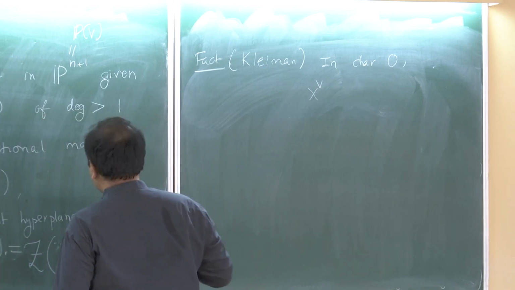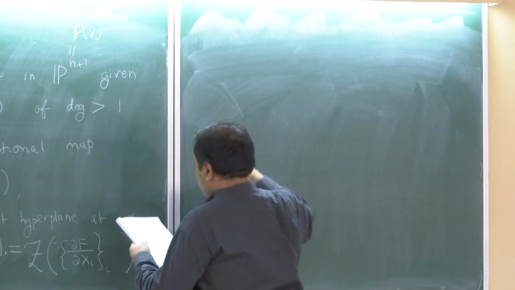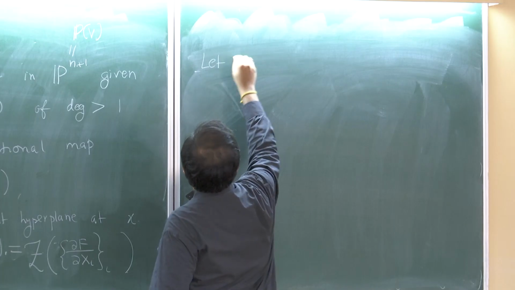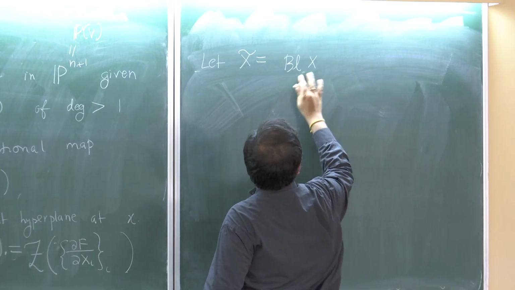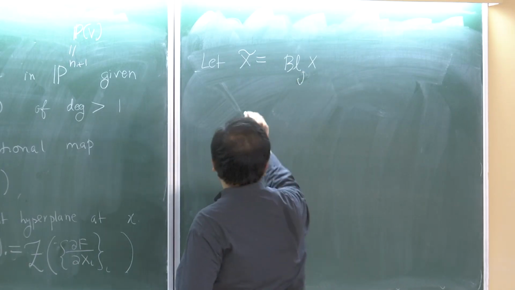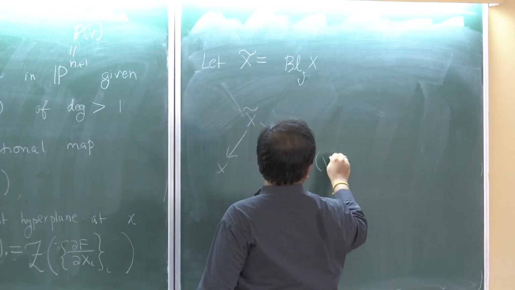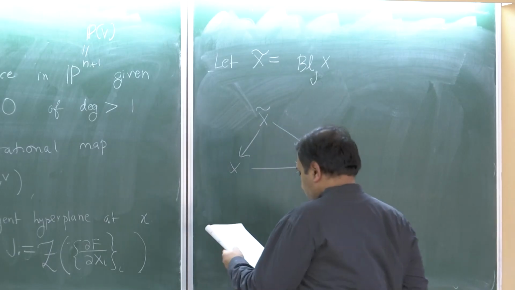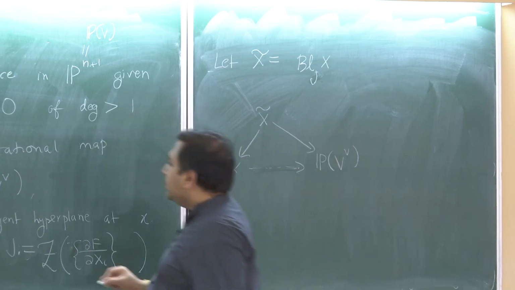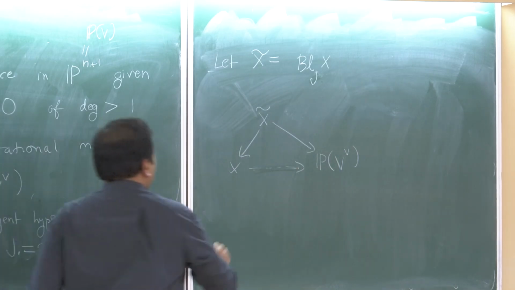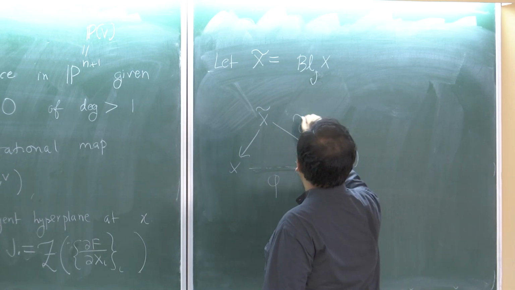Okay. Maybe I should say first what x dual is. Let x tilde be the blow up of x at j. So then what you have is x tilde mapping to x and to P of V dual. Okay, you have something like this. Maybe I will call this map phi, and then there is some phi tilde like this.